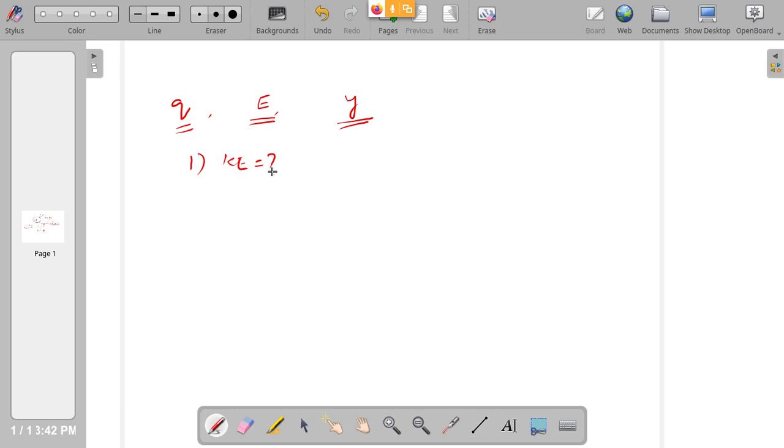Can you calculate now? So far we calculated v, right? Velocity. Now we are calculating kinetic energy.